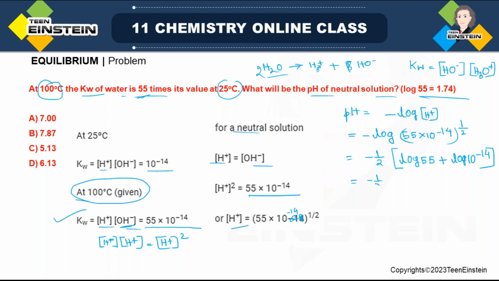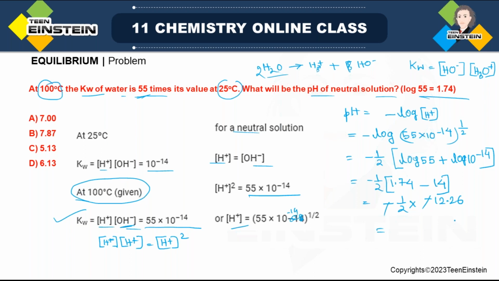Now log 55 is given, so you can write 1.74. And the minus 14 will come before the log, multiplied by log 10, and log 10 is 1. Now minus half, and whatever you have within the bracket is also negative, so negative and negative cancel, and it is 12.26.